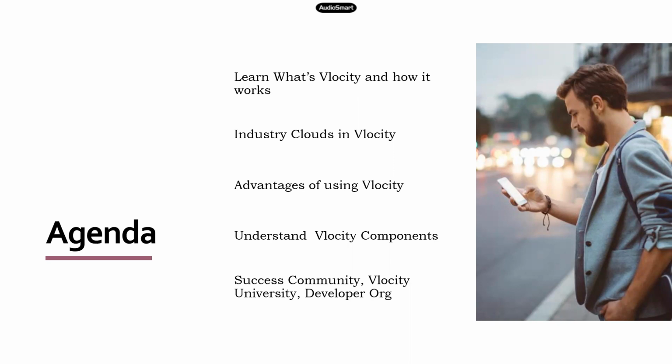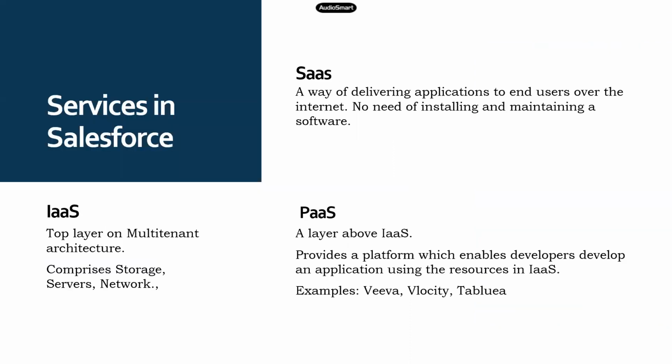Whenever we hear something about Velocity, the predominant topic is always Industry Cloud. We'll understand what it is and what the advantages of using Velocity are. There are a lot of components built by Velocity. Although we do not have that much time to understand the entire architecture, we'll try to get a basic idea.